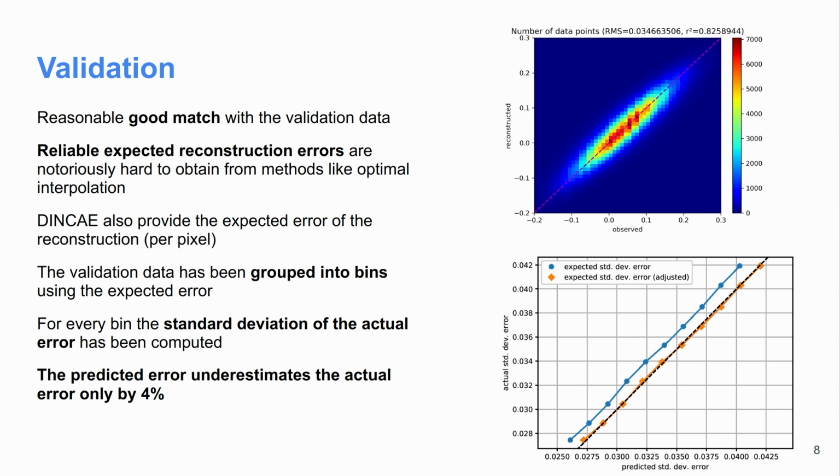Okay. Now let's take all the pixels where I have an error of about 1 centimeter and then compute the actual error compared to independent data. If both coincide, you should be perfectly on this dashed line. Okay. So what we have is a slight offset, but it's still a very good match actually.